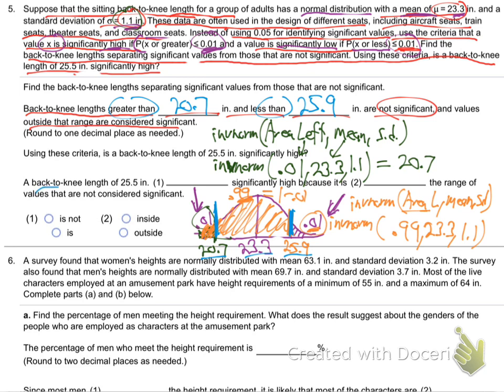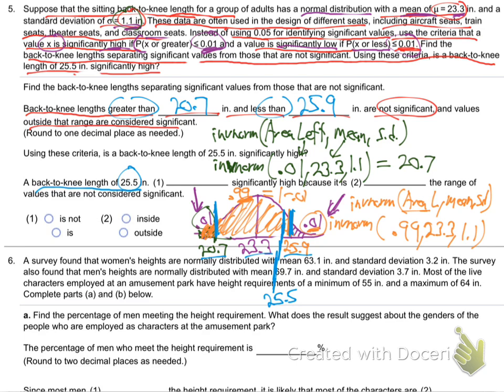And so a back-to-knee length of, what about 25.5 then? Where's 25.5? They're just grabbing a particular value now, 25.5, and saying, where's that? Is that in the middle, or is that in the extreme high 1% or extreme low 1%? Well, 25.5 is about right there. It's not quite to 25.9, so it's not in the extreme high spot.